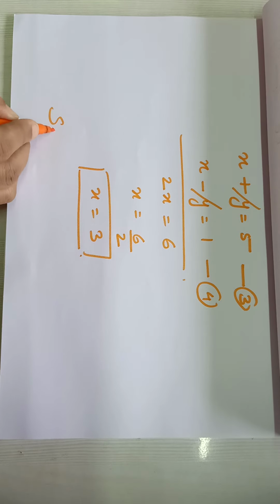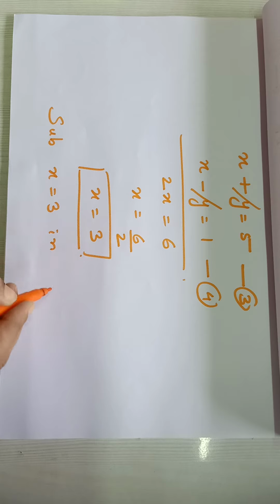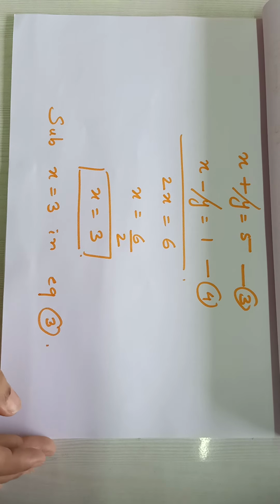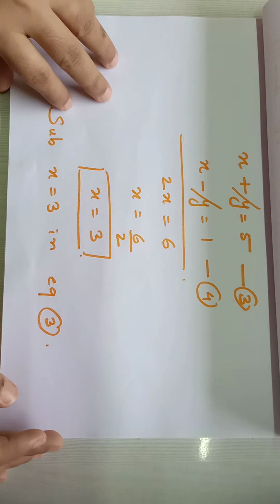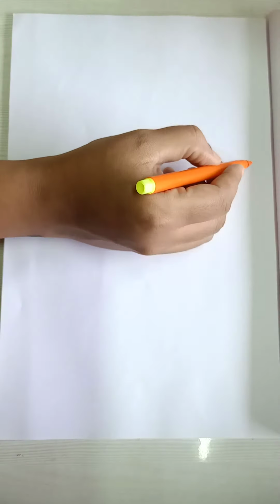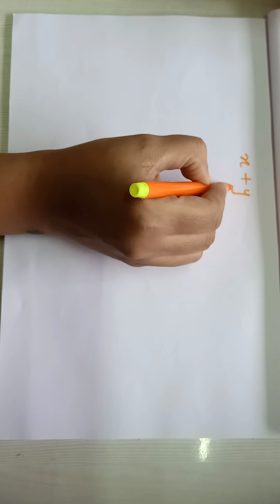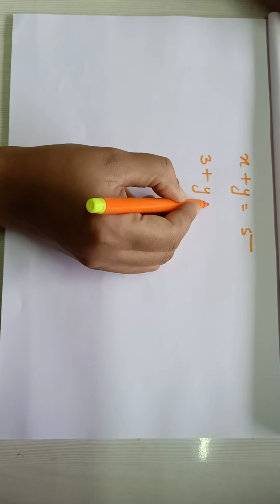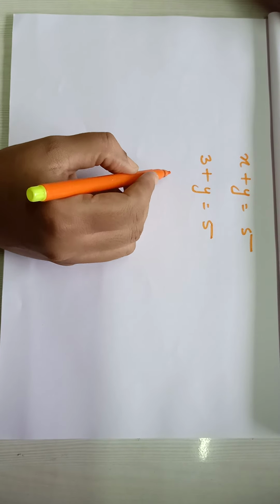Now substitute x equal to 3 in an equation. Either it can be 1, 2, 3 or 4, whichever is easy. Let's take equation number 3. Equation number 3 is x plus y equal to 5, and the value of x is 3. 3 plus y equal to 5.